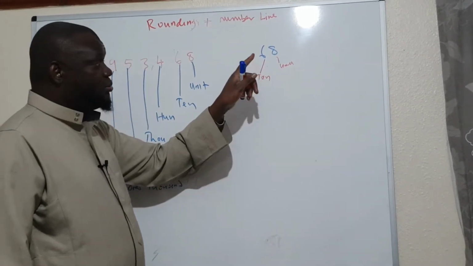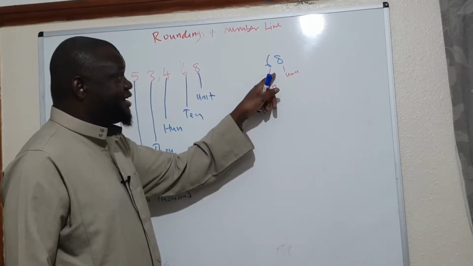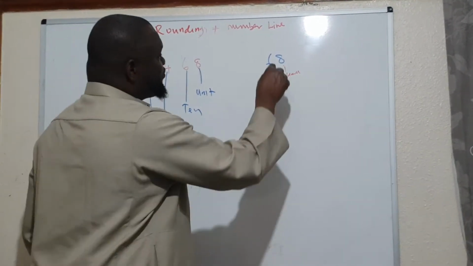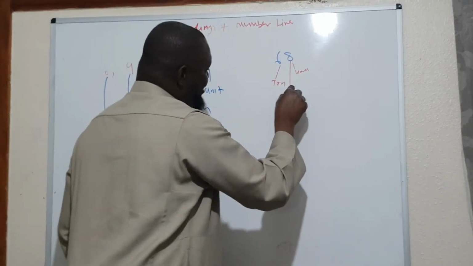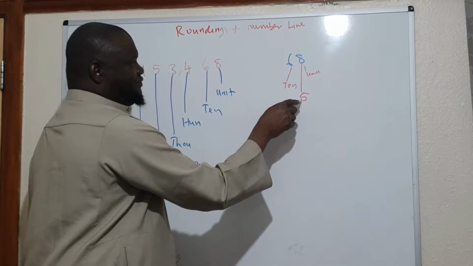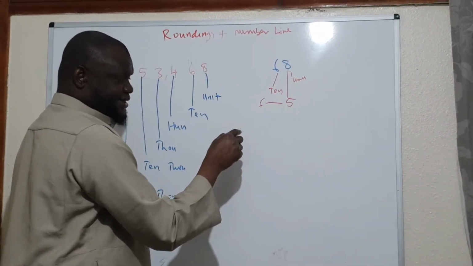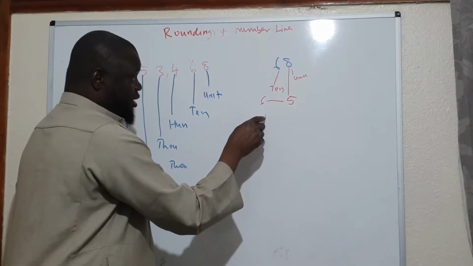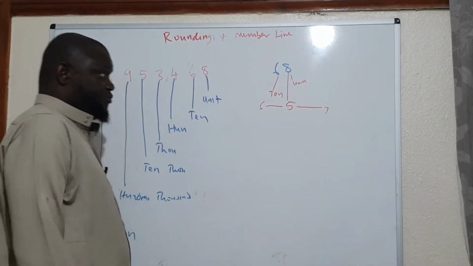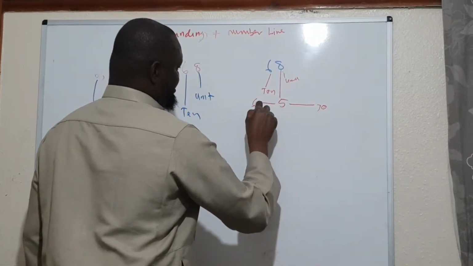But when you say the nearest 10, you look at the next figure. If it is less than 5, you round down to 60, because 60 is the lower 10. If it is 5 or more, round it up to the next 10, 70.